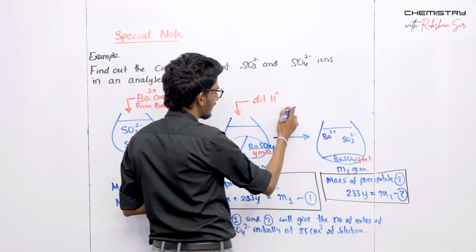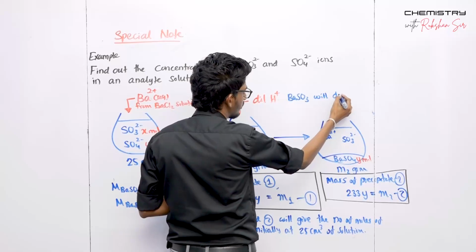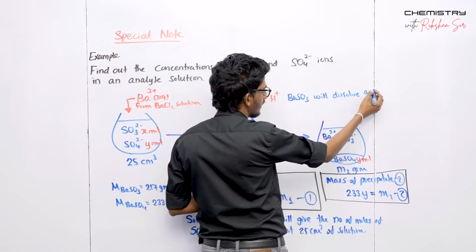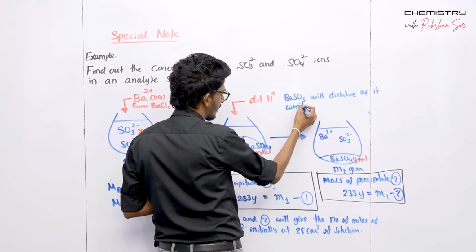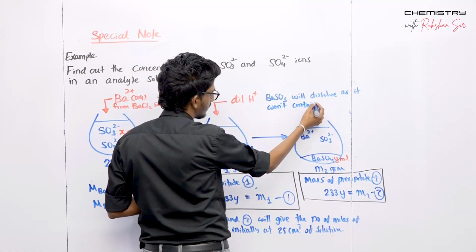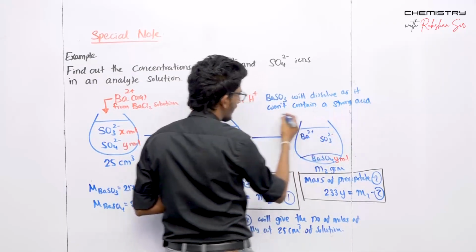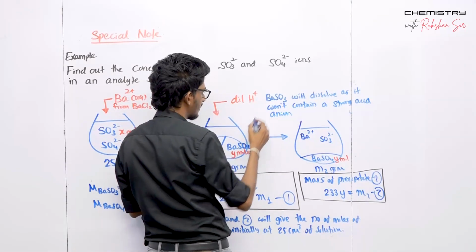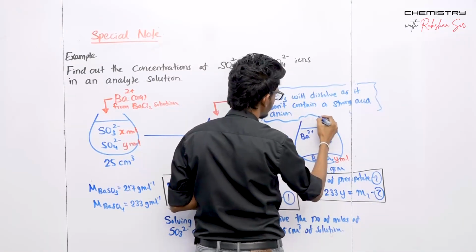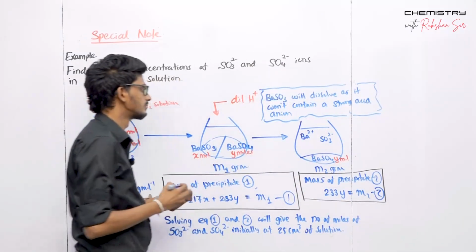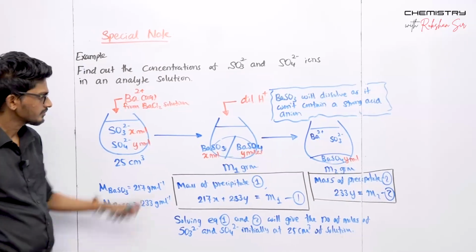And adding here, barium sulfite will dissolve as it contains a weak acid anion, right? That is what happens here by addition of dilute H+. So this is the idea.